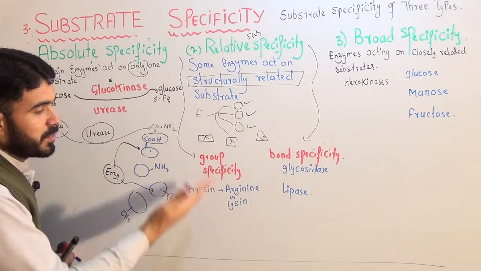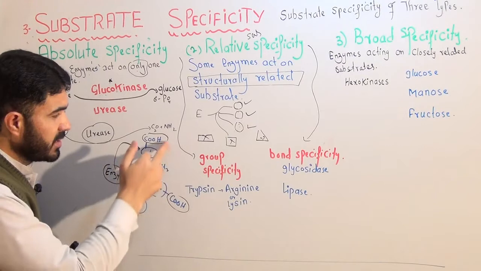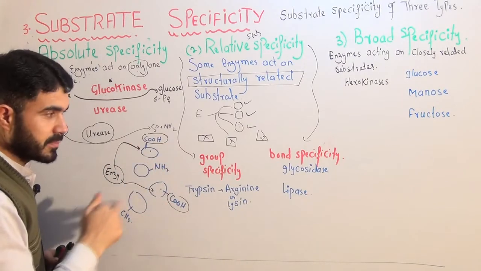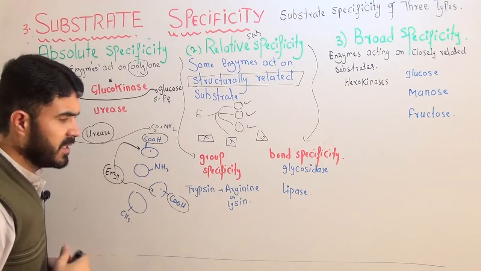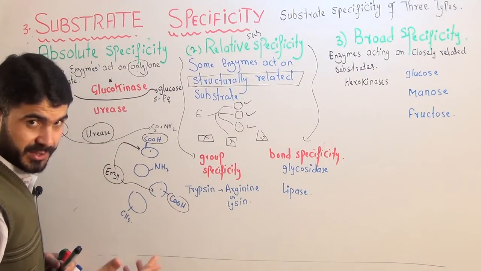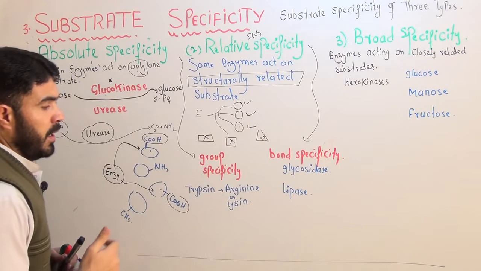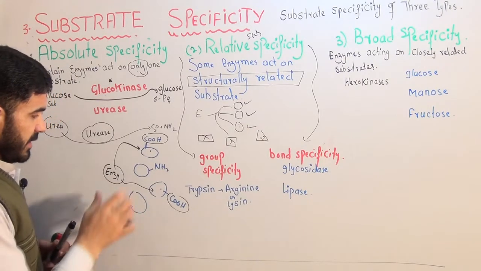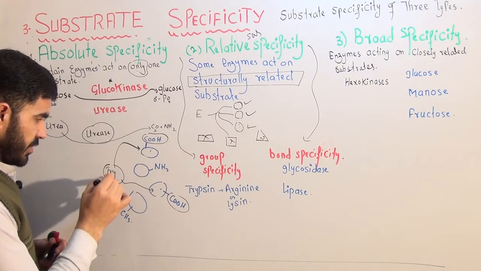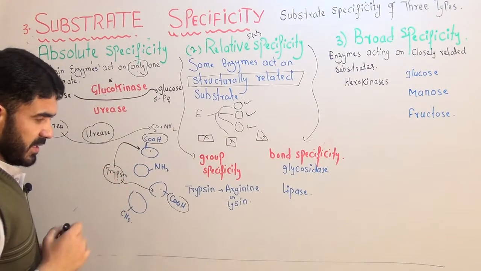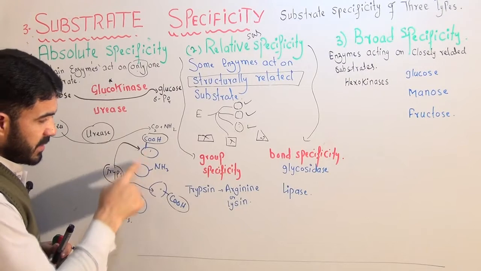The example of group specificity is trypsin. Trypsin is an enzyme acting on protein. Look, if I say this is my enzyme, trypsin, and these circles are proteins.